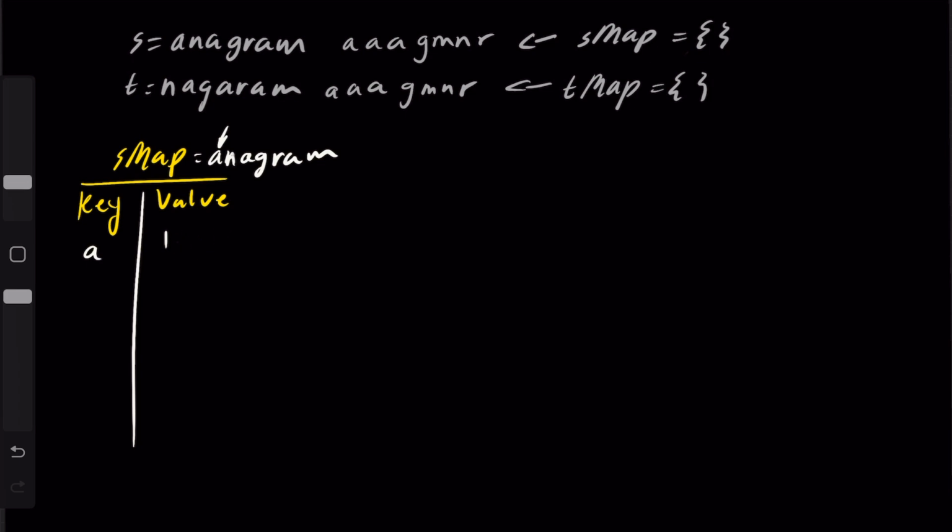And then we go to N, and N is 1 plus 0, which is equal to 1, right? So we go back to A, and now we're doing 1 plus the previous value. The previous value was already 1, so we're doing 1 plus 1, and that is equal to 2, right?